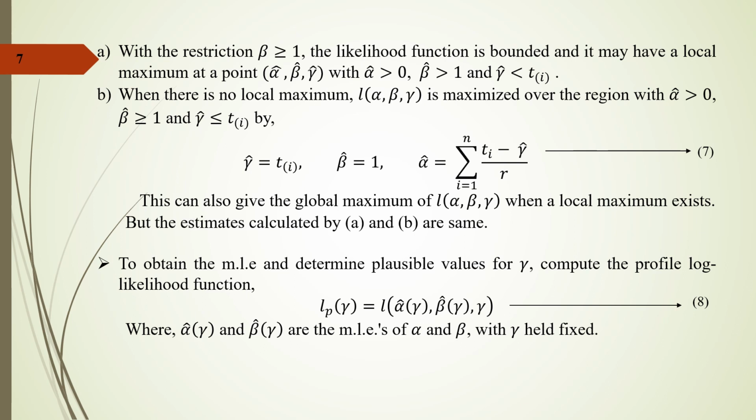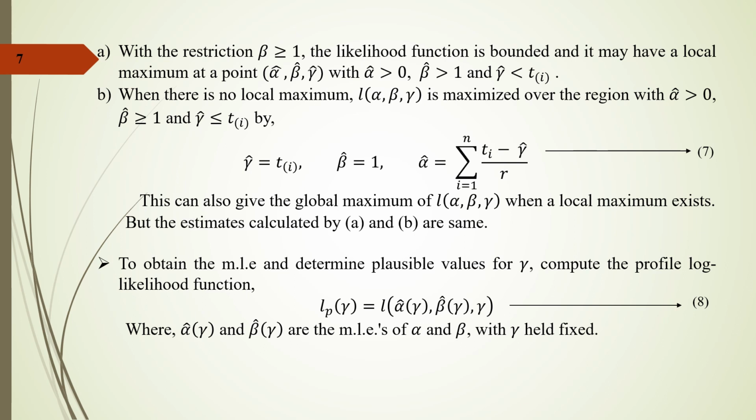The second case is that if there is no local maximum, the likelihood is maximized over the region with alpha cap greater than 0, beta cap greater than or equal to 1 and gamma cap less than or equal to t1, by gamma cap equal to t1, beta cap equal to 1 and alpha cap equal to the summation i from 1 to n of ti minus gamma cap, divided by r.